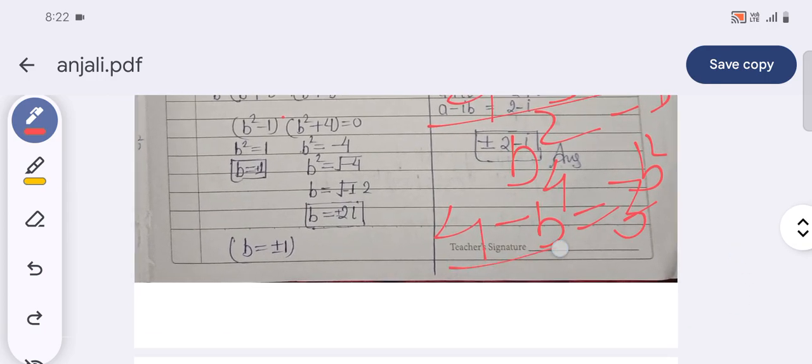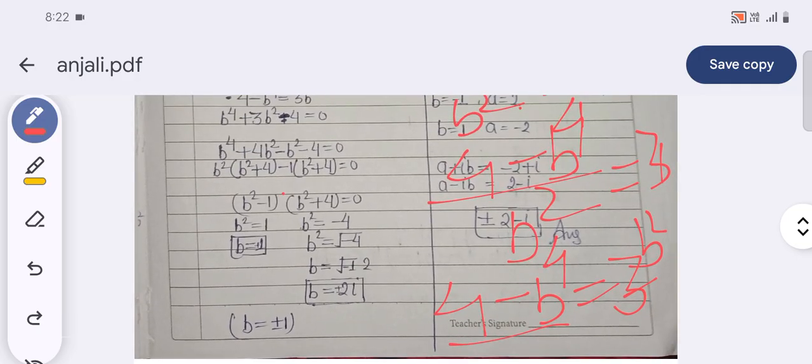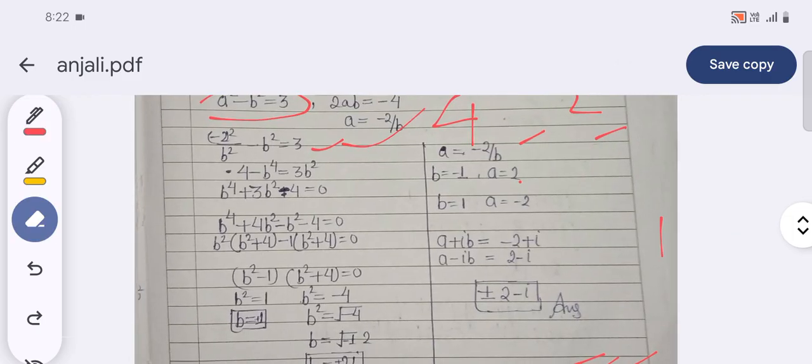We will transfer this to the right hand side, so this will be b to the power 4 plus 3b square minus 4 is equal to 0. So your exact equation will be b to the power 4 plus 3b square minus 4 is equal to 0.